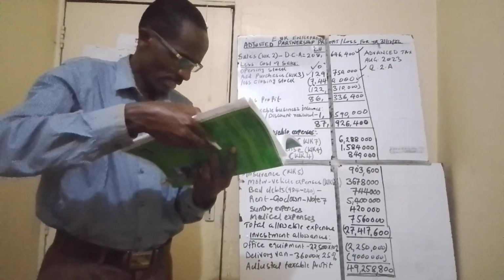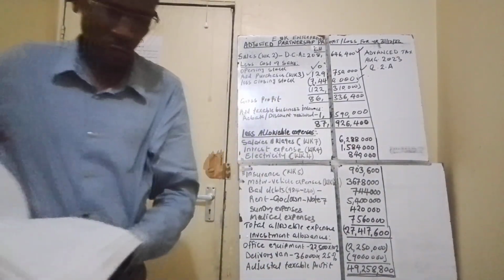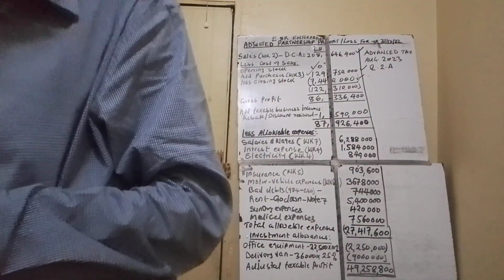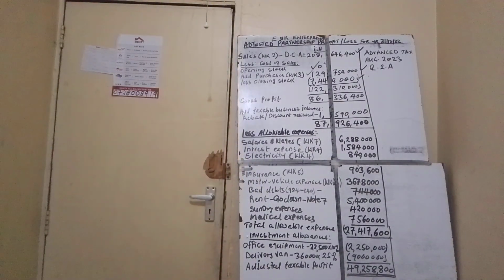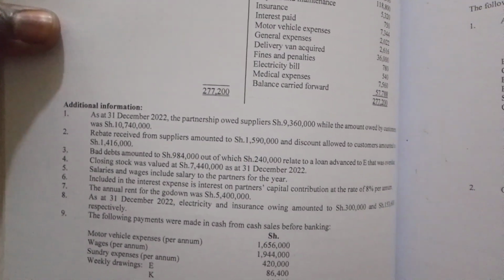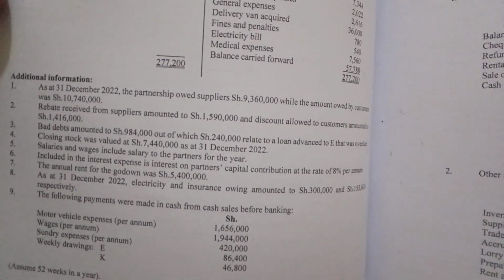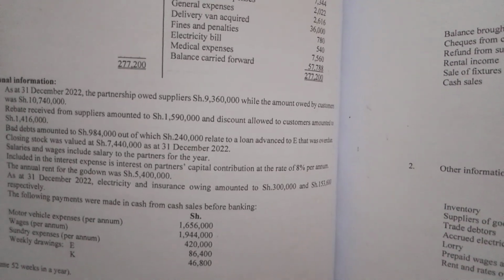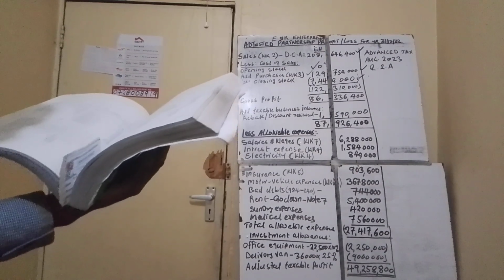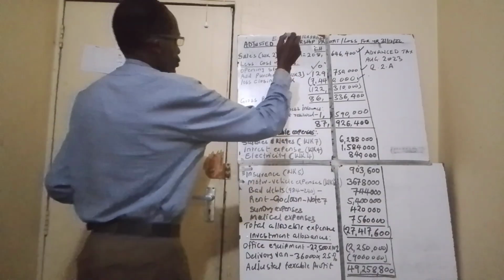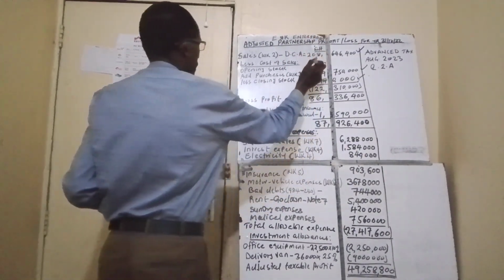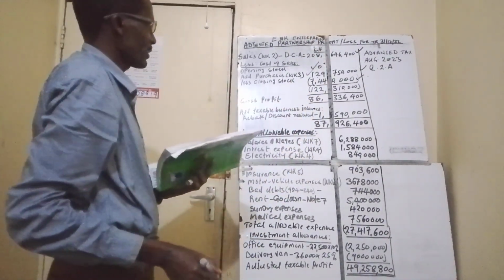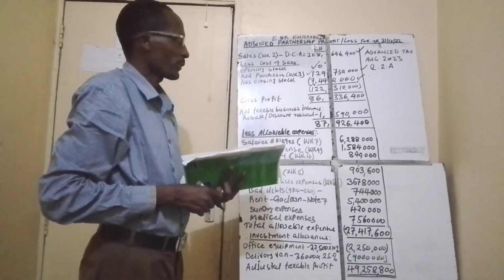You've been told in additional information number 4, closing stock was valued at shilling 7,440,000 as at 31st December 2022. Okay, that is additional information number 4. So opening stock was 0. Purchases we have calculated. In this case, all purchases were on credit.